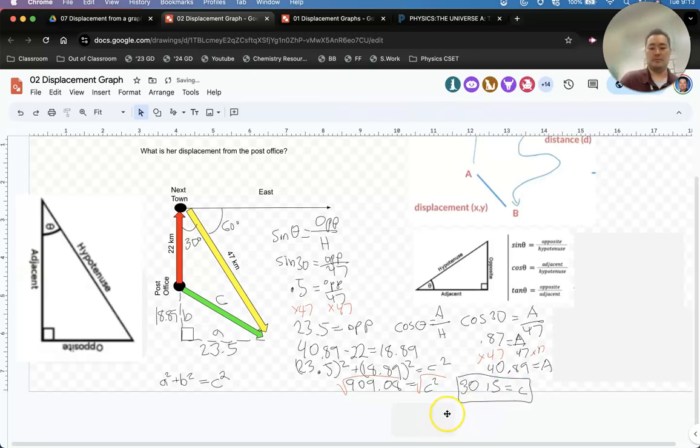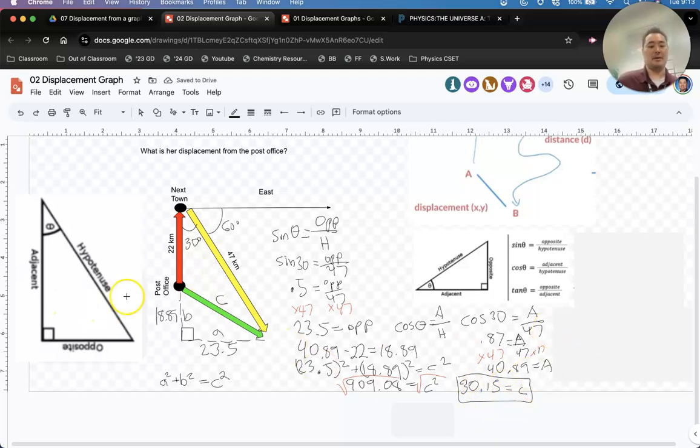That's correct, 30.15. Let me put a decimal in there. All that work has come to an end for the first part of this displacement.